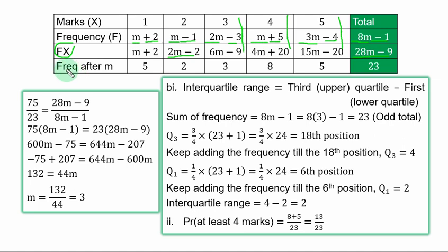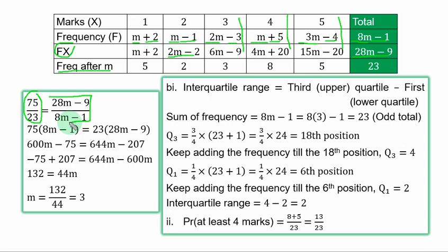This row is after m is known, before you get that row. So the mean as an improper fraction, because we have the mean as a mixed fraction. If you convert to this fraction, you have 75 over 23 equal to summation of fs over summation of f.